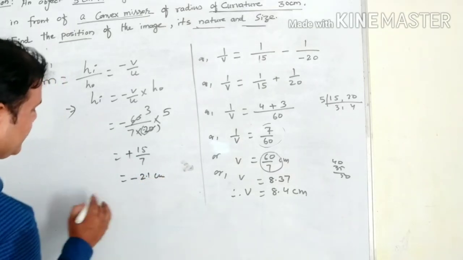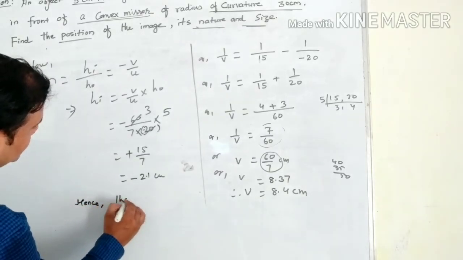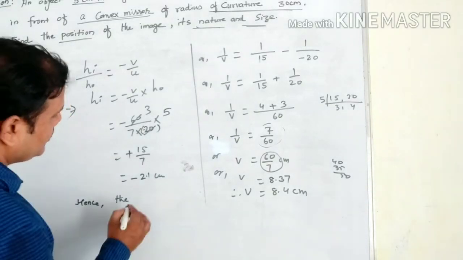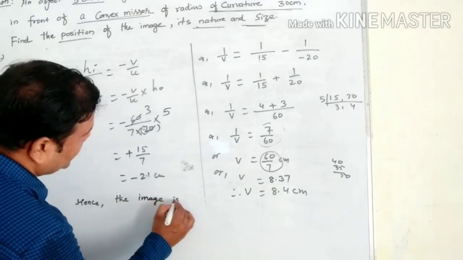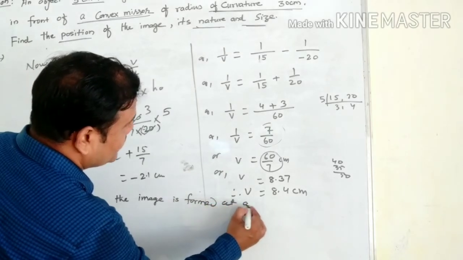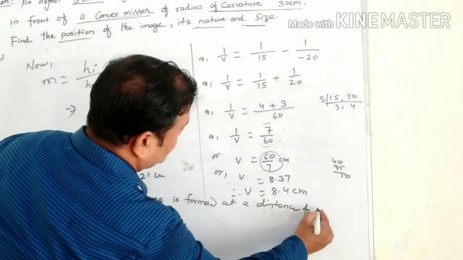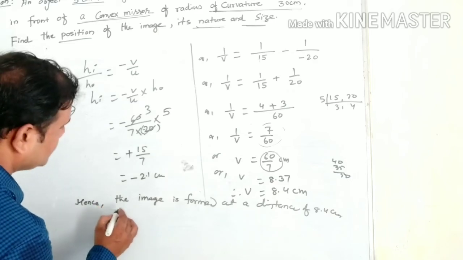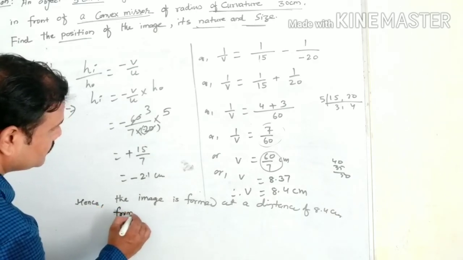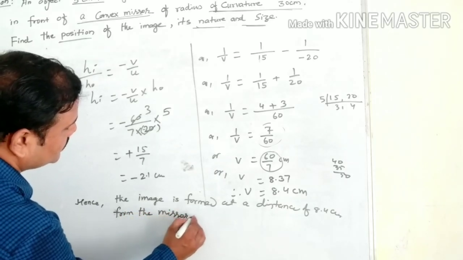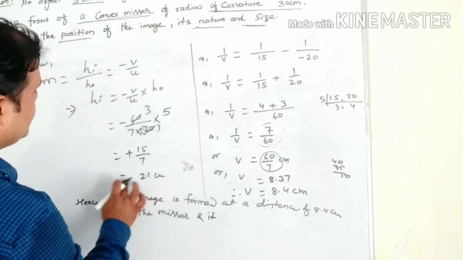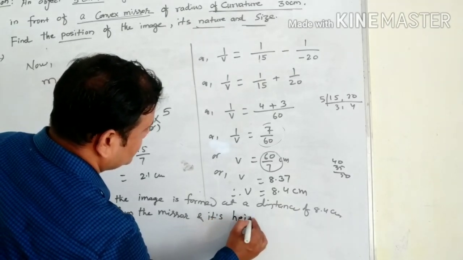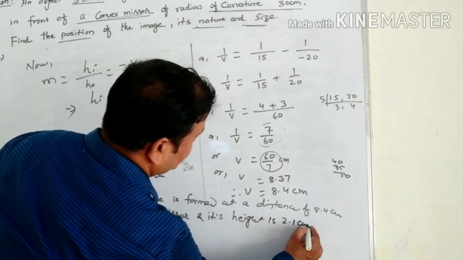So in the last you have to write: therefore, hence the image is formed at a distance of 8.4 centimeter from the mirror, and here it is positive, not negative, and its height is 2.1 centimeter.